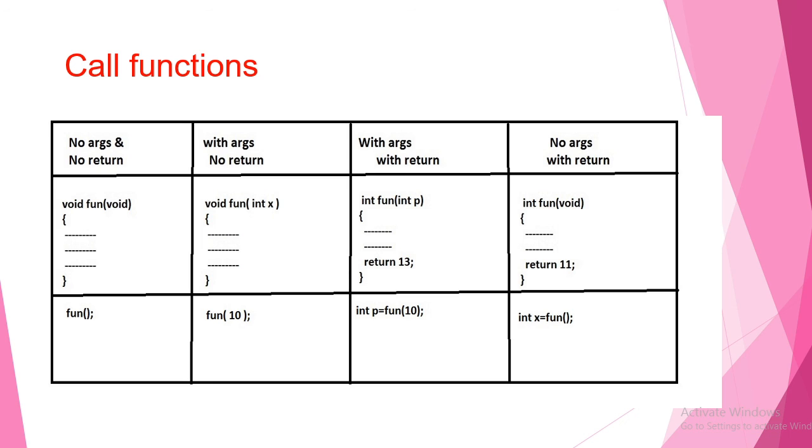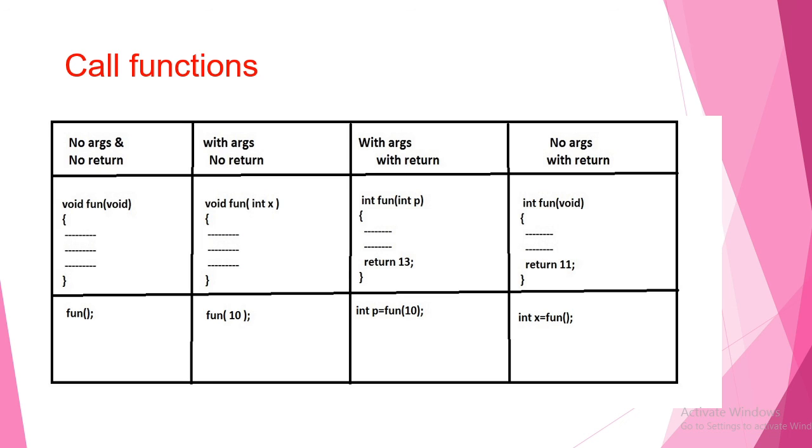Then with arguments, with return values. Whenever we give the arguments and we want return values also, how will we call it? See here, integer p. I have taken p here; you can take p, x, y, z, whatever you want. Integer p is equal to fun in the bracket 10. It means I want to give the value 10, and the returned value goes and is stored in p.